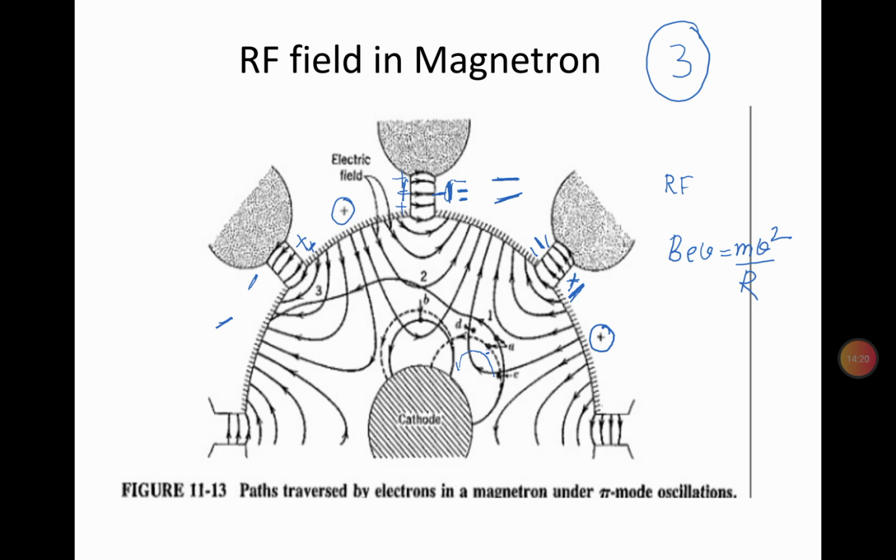It undergoes a retardation. That means the velocity is going to reduce. When the velocity reduces, what happens to the radius of curvature? The radius of curvature increases. The radius of curvature increases means the bend decreases. That means instead of coming back to the cathode, the electron is now going to progress towards the anode.